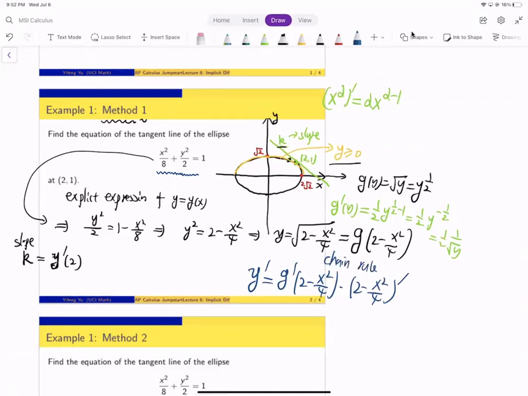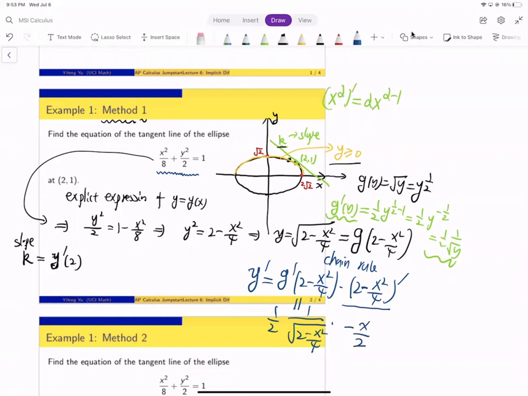Then this equals 1/2 times 1 over the square root of 2 minus x squared over 4, times the derivative of the inside. Here the derivative of negative x squared over 4 is negative 2x over 4, which simplifies to negative x over 2.